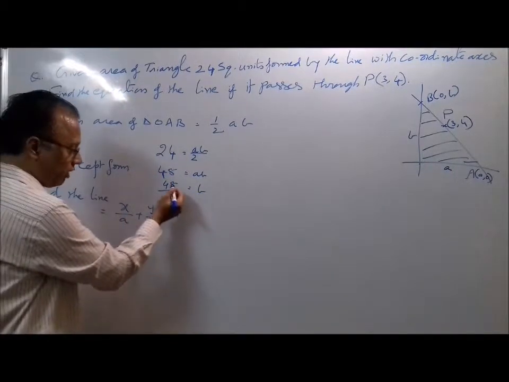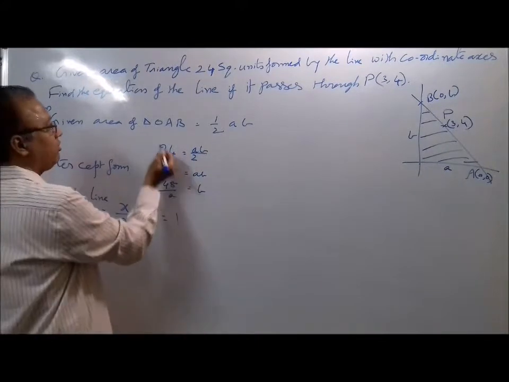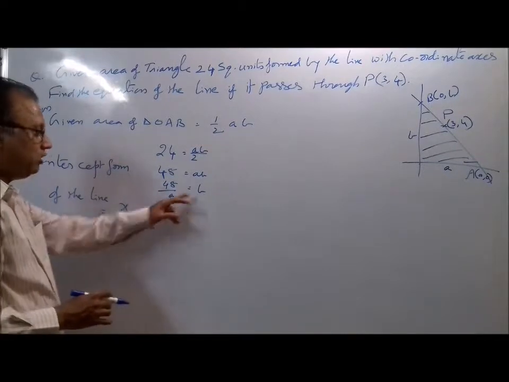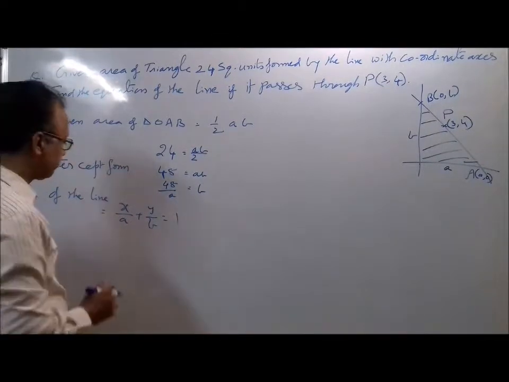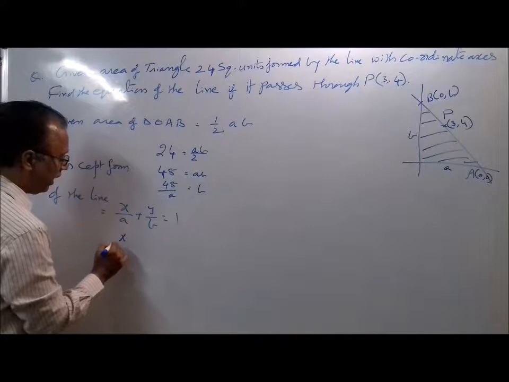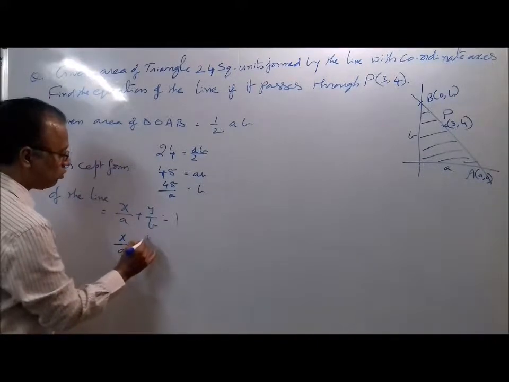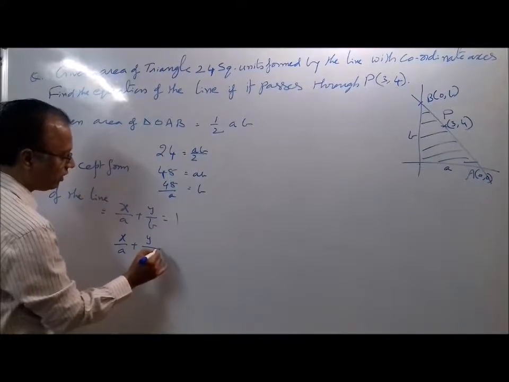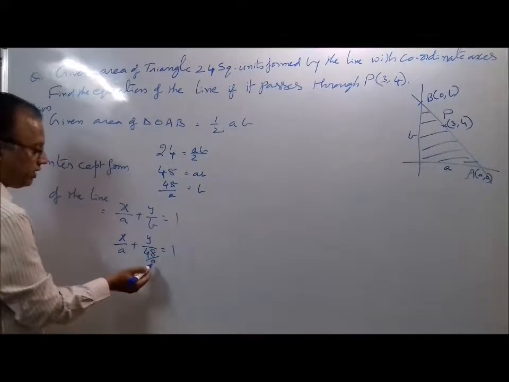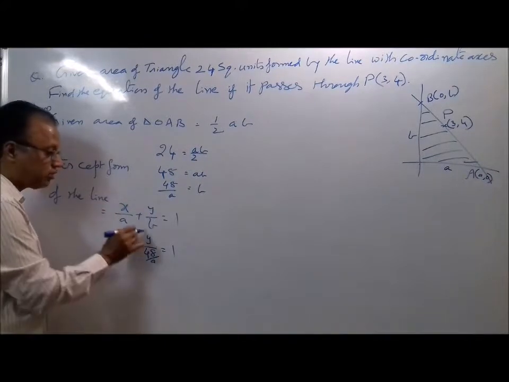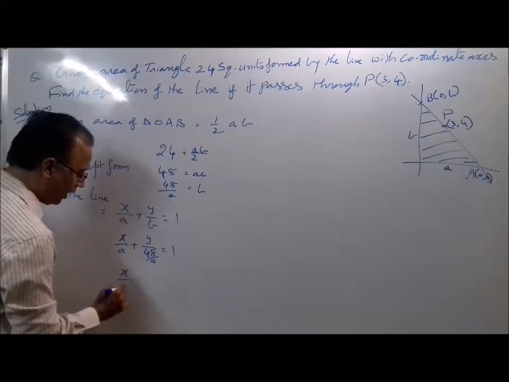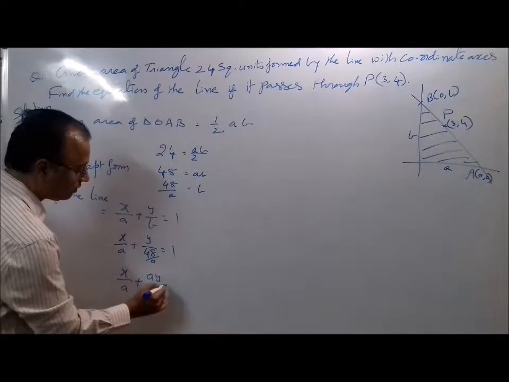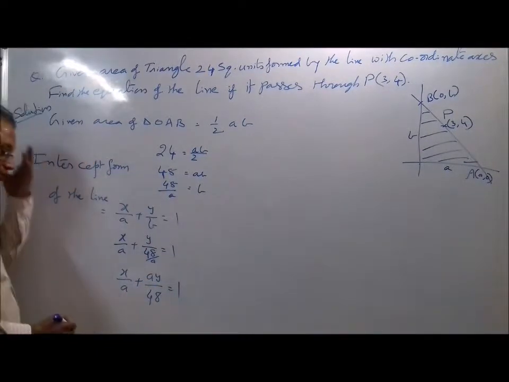B I should write as 48 by A, because the area of the triangle is 24 square units. I adjusted this B value in terms of A. So x by A plus y by (48 by A) is equal to 1. This A in the denominator goes up, so x by A plus Ay by 48 is equal to 1.